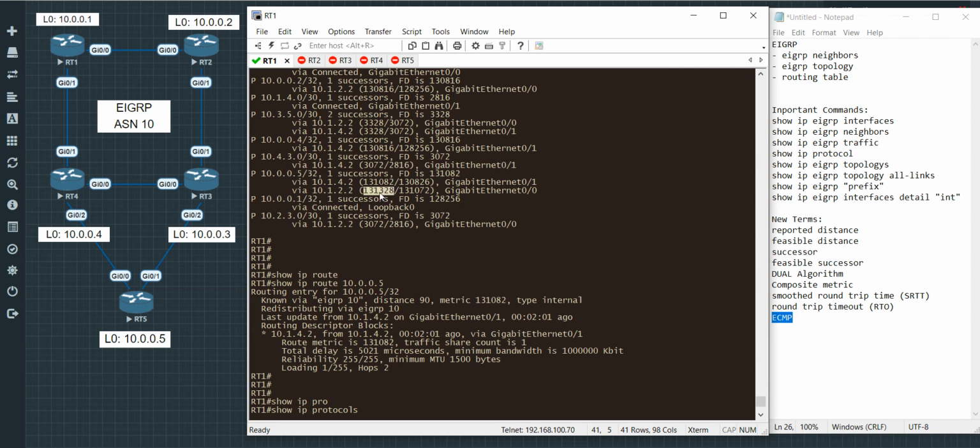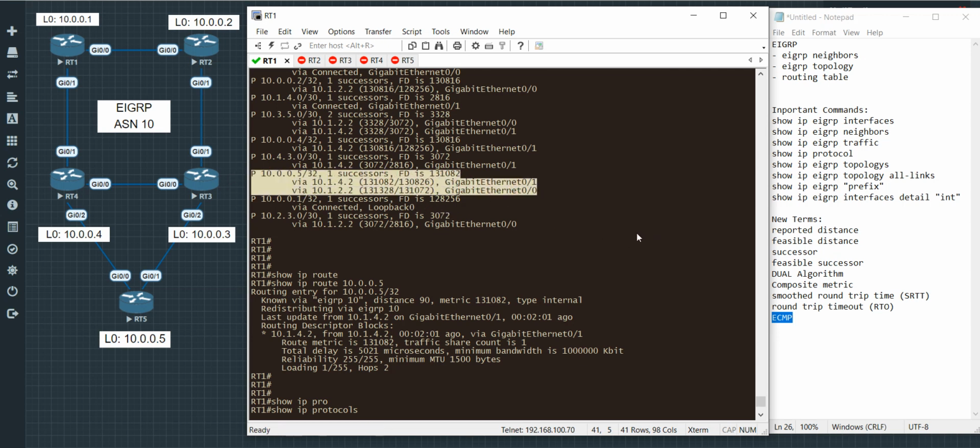So in order to allow this value to be inserted into the routing table, we need to update EIGRP and say that anything that's this value times the variance is allowed to get inserted into the routing table, because right now the default value is 1. So anything times 1 is its own value. But if we say this value times 2, now it's going to be higher than this, and then it's going to allow it to get inserted into the routing table.